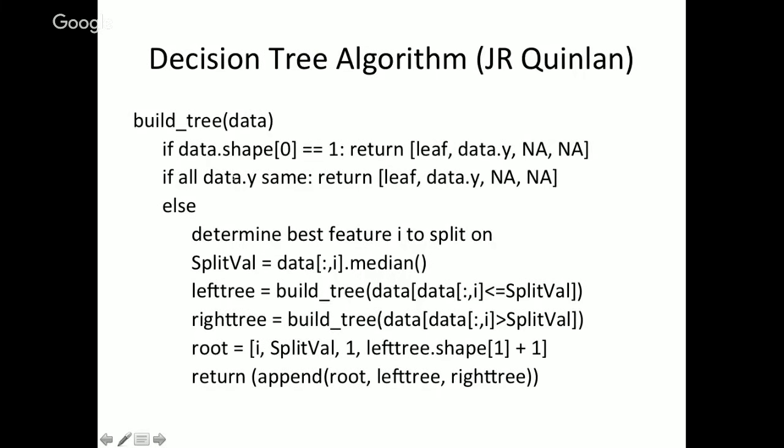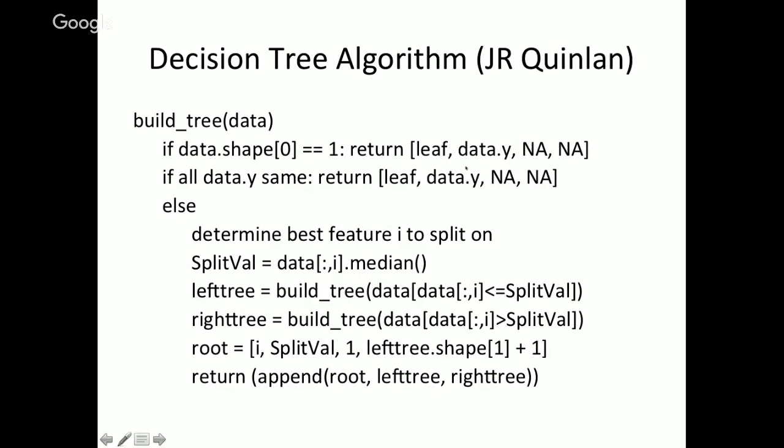Another is, what if we get called with some data and all of the labels are the same? Obviously there's no point in creating a more detailed tree from this data because we know what the answer is going to be. We know it's going to be just Y. So again, we can create a leaf and return it. Those are our stopping criteria.